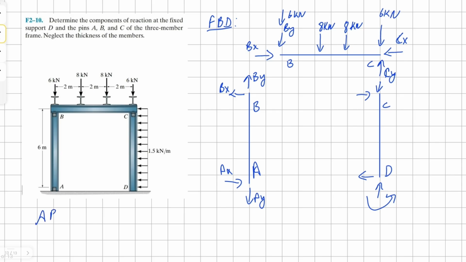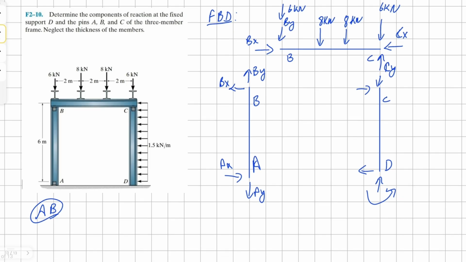Let's start with member AB. We're going to take moment at point B. Doesn't matter, you can take it at A or B, but at B we only have one reaction, that's Ax, and it's 6 meters away, all equals to 0.